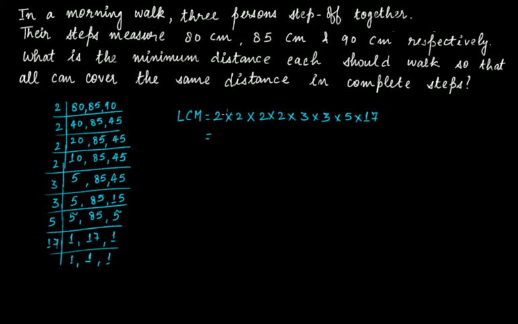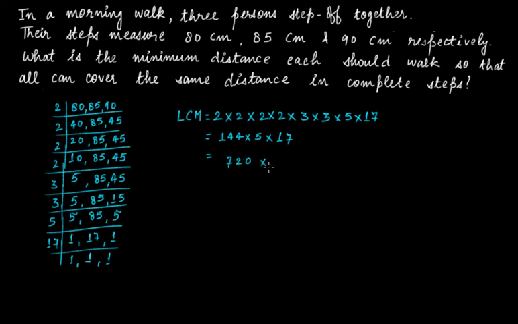So this will be 2 times 2 is 4, times 2 is 8, times 2 is 16, times 3 is 48, 48 times 3 is 144, then 144 times 5 times 17, and 144 times 5 will be 720.